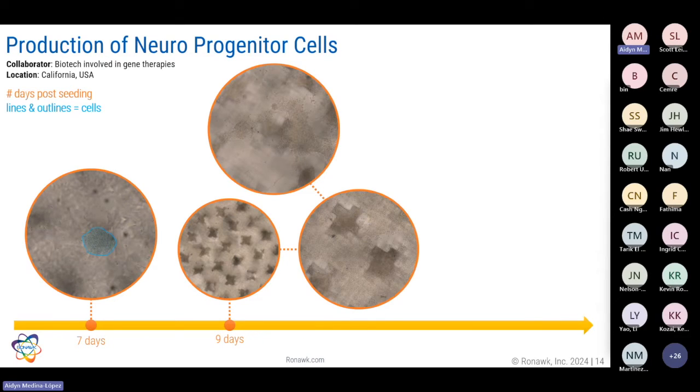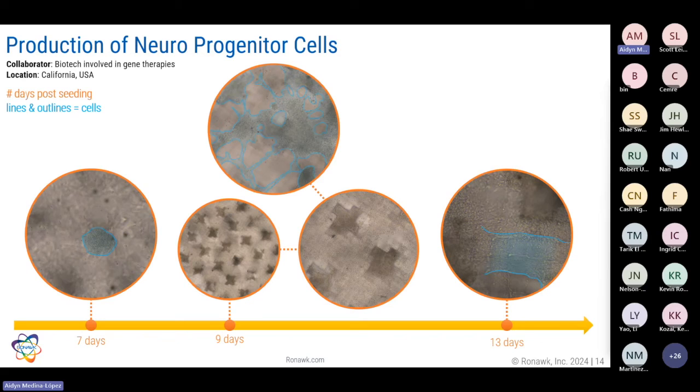By day 9, it's very impressive how they started forming network-like patterns in the bioblock, filling in not only the insides of the channels, but also the outside exterior areas of the blocks. And by day 13, those networks were very complex and very full of cells, which allowed for that very interesting behavior that we saw there.